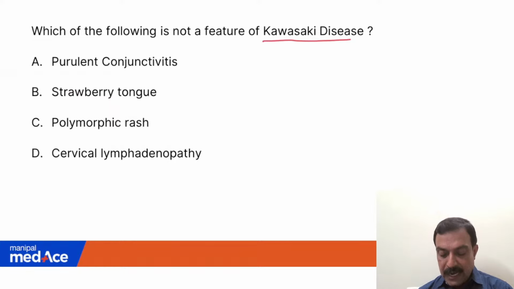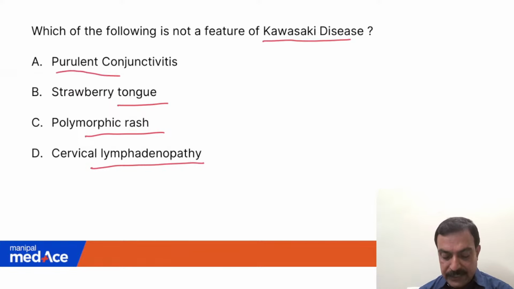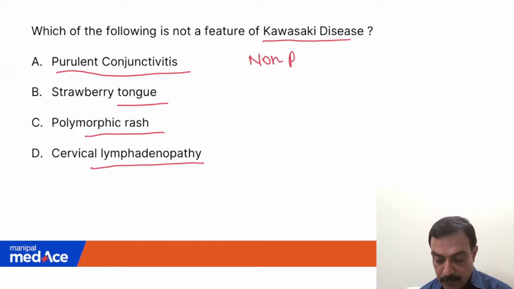Strawberry tongue is commonly seen, along with desquamation of the palms, soles, or skin. Polymorphic rashes are seen in these children. Cervical lymphadenopathy is also seen. Conjunctival congestion is seen, but it is a non-purulent conjunctivitis.